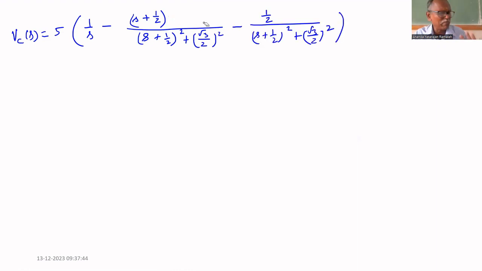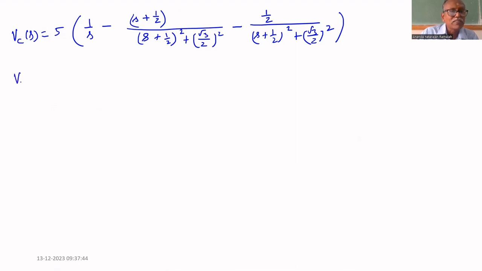I merged 2 steps. So 1 is separated into 1 by 2 and 1 by 2, s plus 1 by 2.